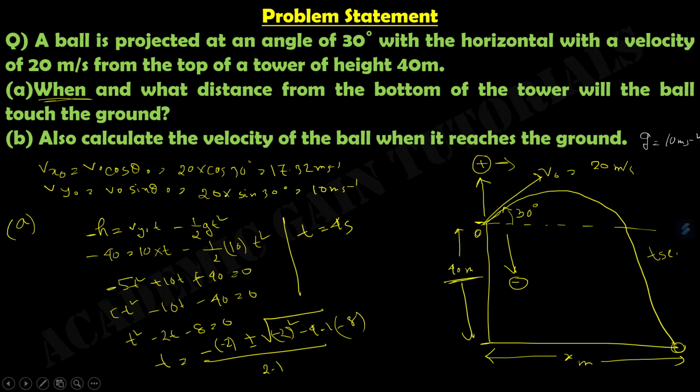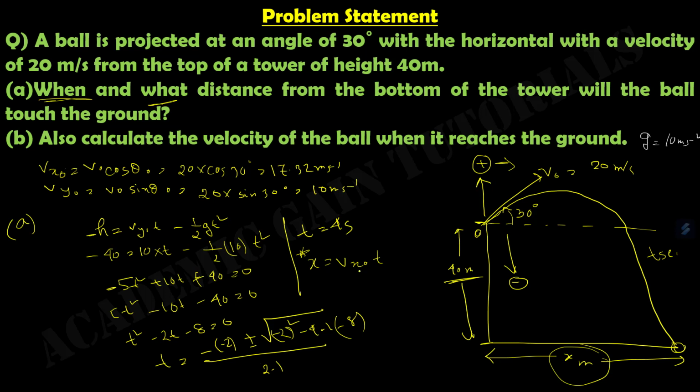So now the second part is, what distance from the bottom of the tower will the ball touch the ground? We take this as x meter. We know along the x axis, x equals to vx naught into t, from the equation we derived.